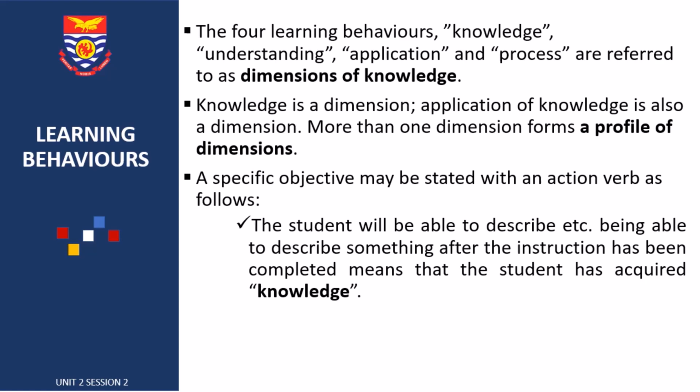So a specific objective may be stated with an action verb as follows. For instance, the student will be able to describe, etc. Being able to describe something after the instruction has been completed means that the student has acquired knowledge.